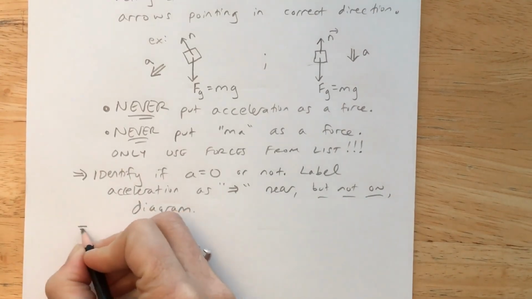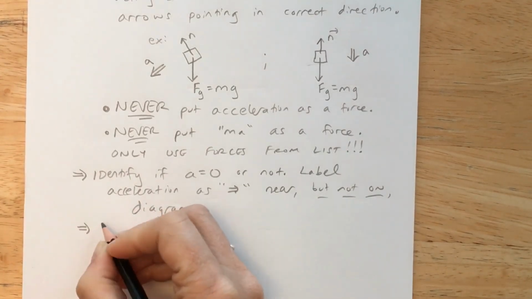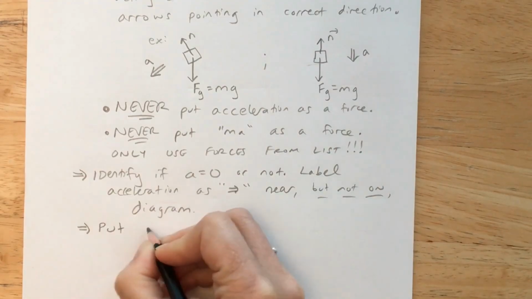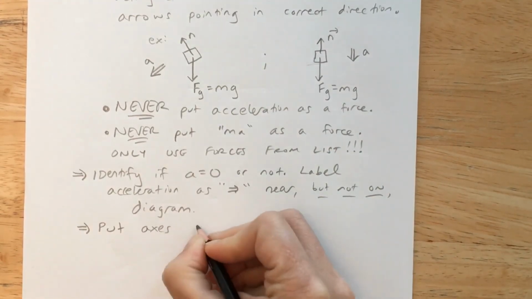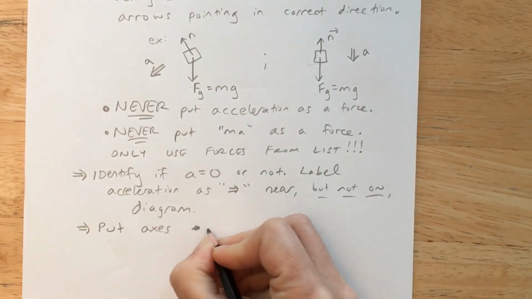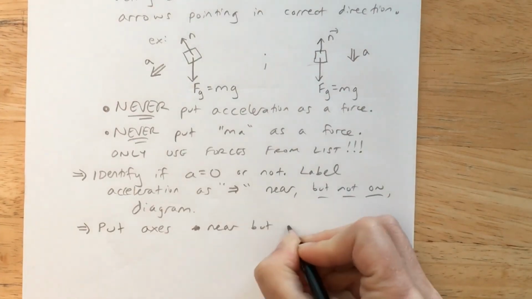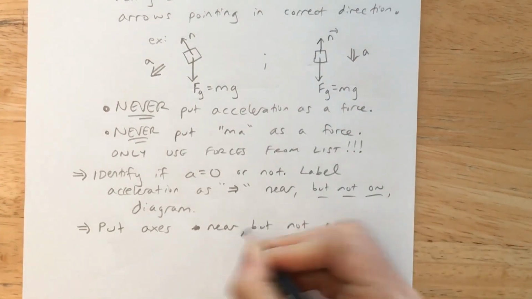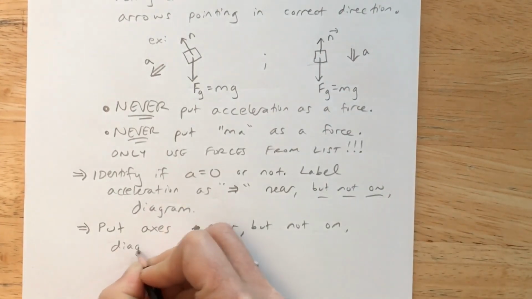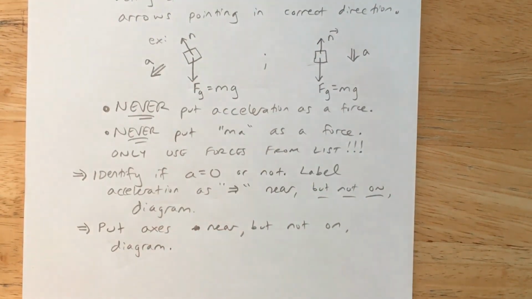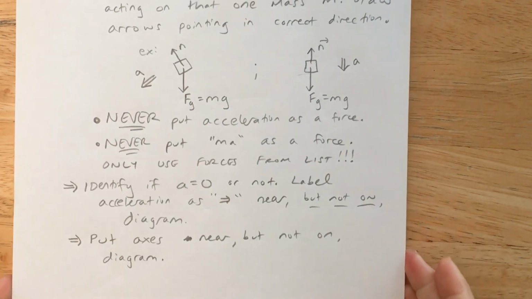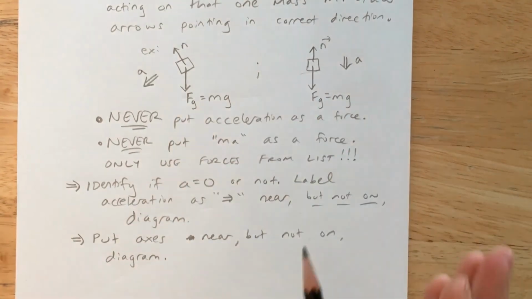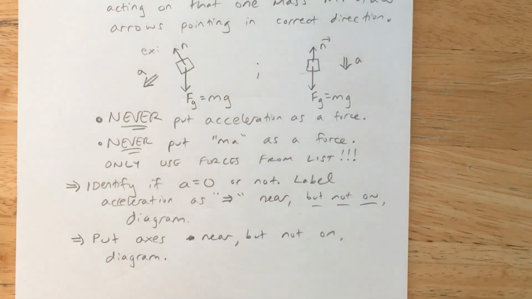The next and last thing for a free body diagram is to put an axis near but not on the diagram. And so when we're doing problems, we have to know what we're defining as x and y axes. And so if I have the block on the ramp, an interesting thing is that I can tilt these axes.